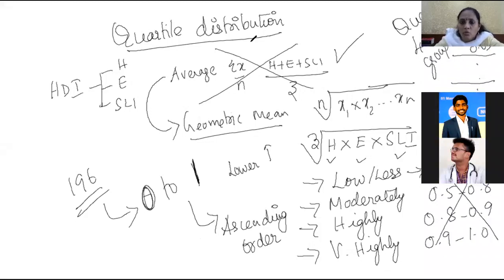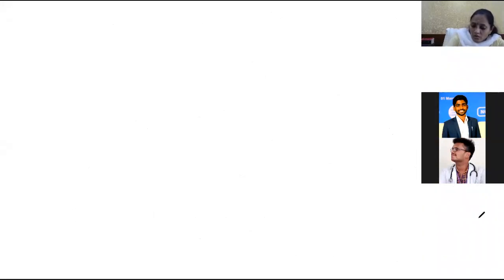What you need to know about HDI is 5 things. Number 1, the dimensions. Number 2 is indicators.